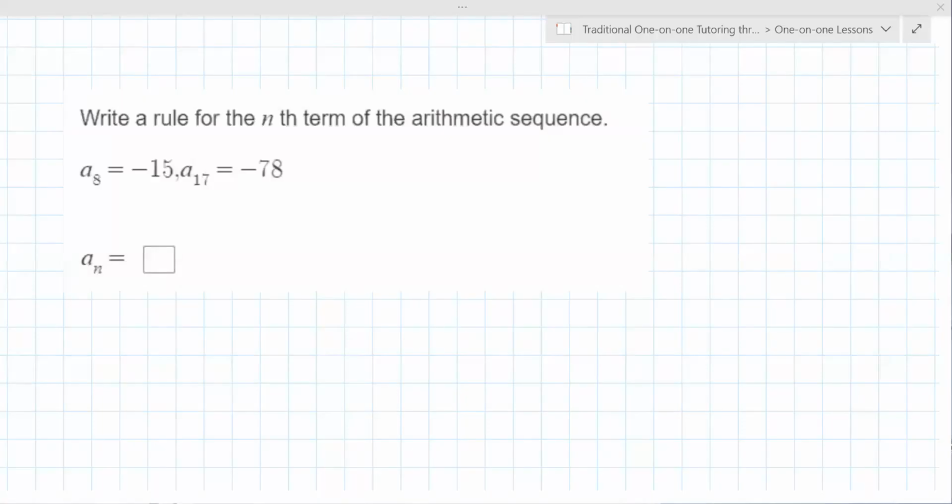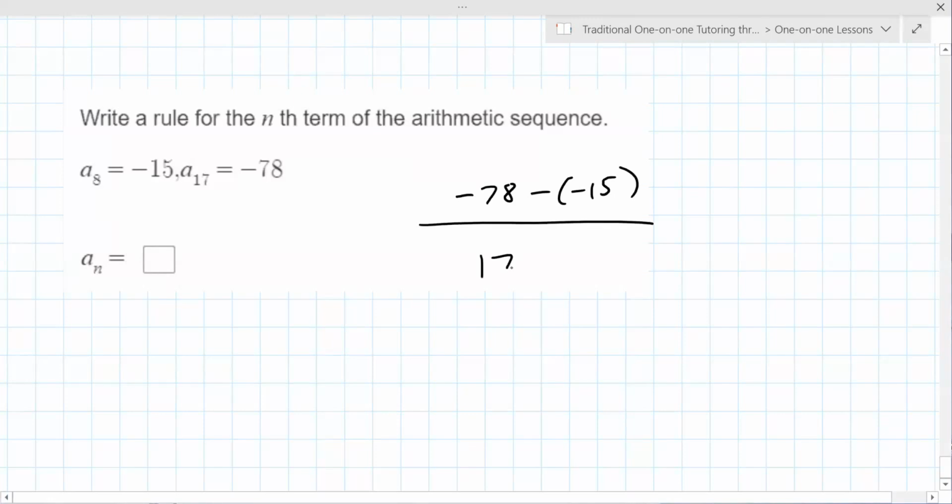So the shortcut here is that eventually you just realize, oh, it's -78 minus -15 over 17 minus 8. You take 1, 2, 3, 4 numbers. Okay. Could you enter this into Desmos and get me a value for that?